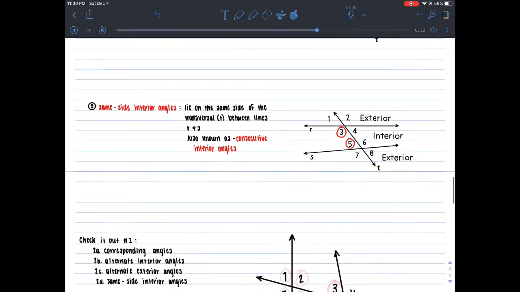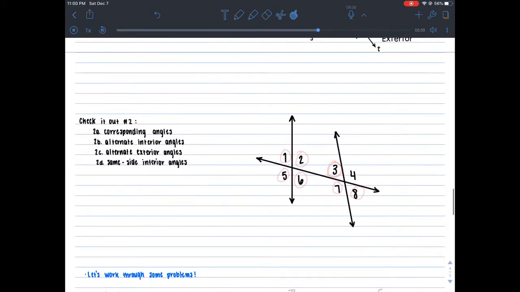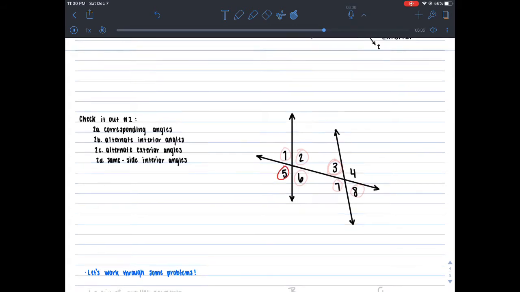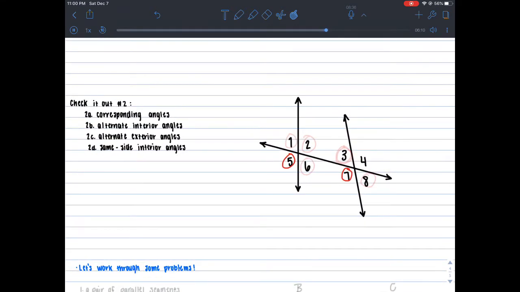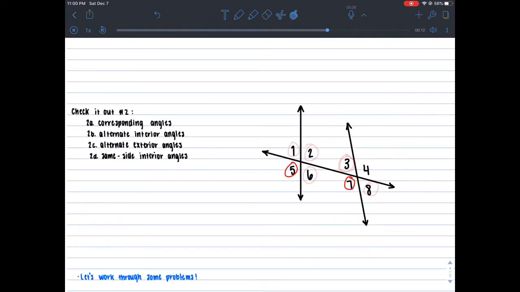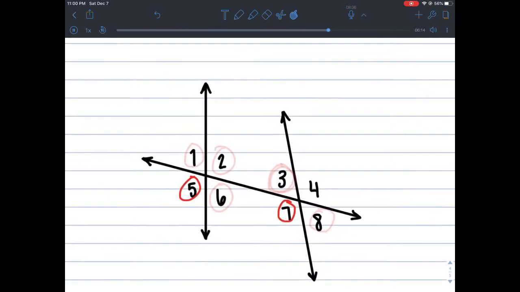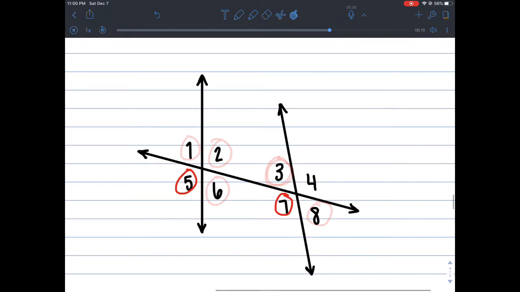Now, we will do 4 problems to help you learn what each of these angles are. Number 1, corresponding angles. On the new diagram drawn out, corresponding angles will be angles 5 and 7. Number 2, alternate interior angles. Alternate interior angles on this diagram are going to be 6 and 3.